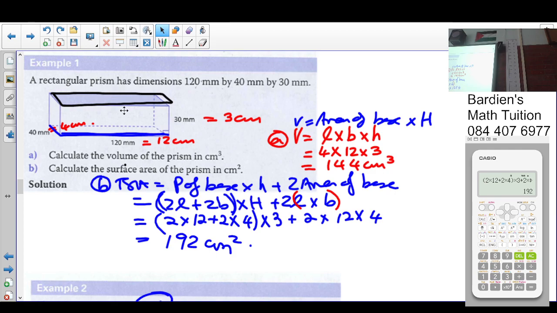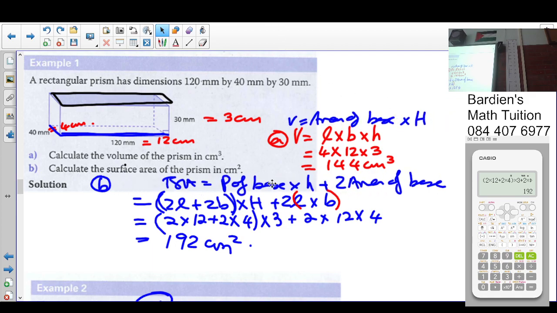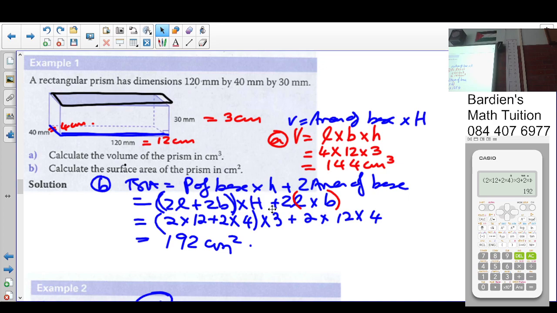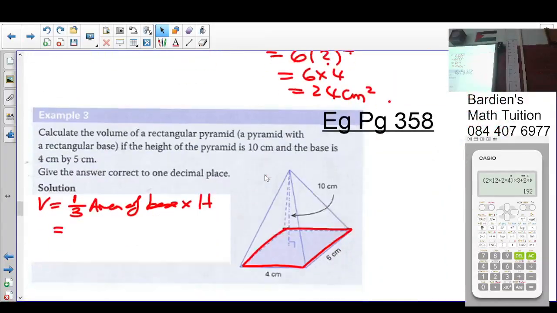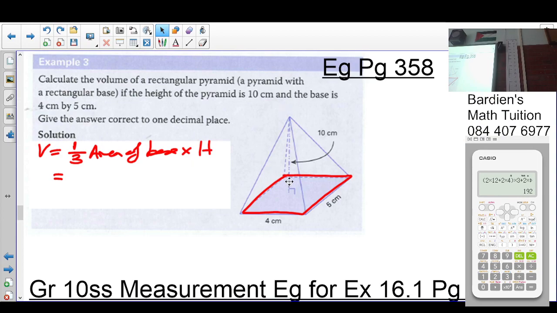If the base and the top are the same, then for the volume I can say area of base times height, and the total surface area is going to be perimeter of base times height plus twice area of base. But because this is not a right prism, I'm not saying area of base times height. You guys understand? So it's going to be a third area of base times the height.